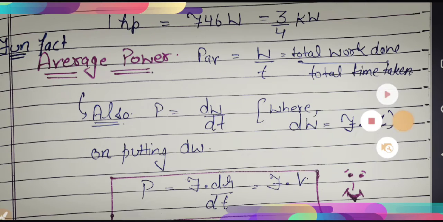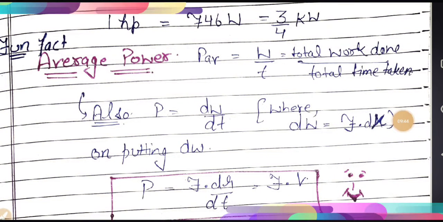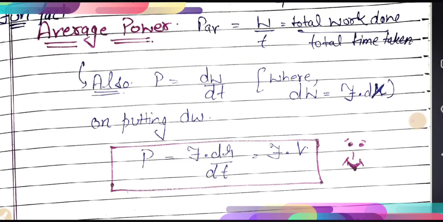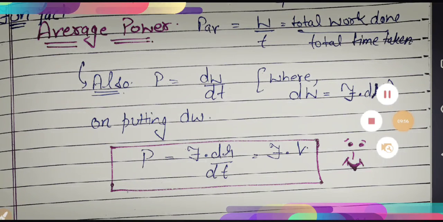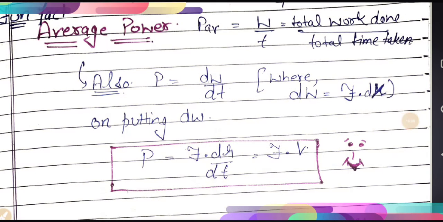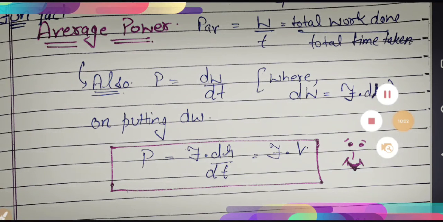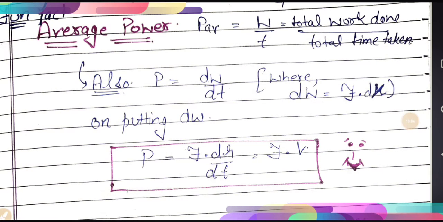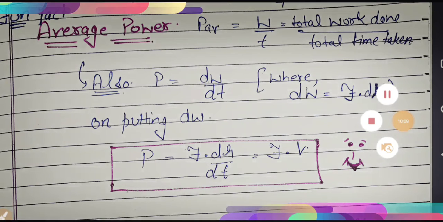Guys, let me explain another concept, average power, which is the total work done divided by the total time taken. Also, the power is equal to dW by dt, where dW is equal to F dot dx, the momentary work done, or the little work done in a little span of distance, which is dx.